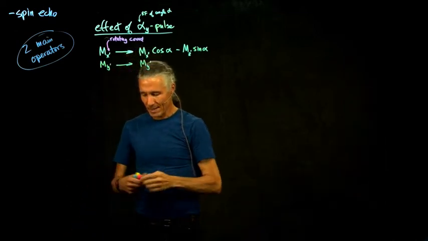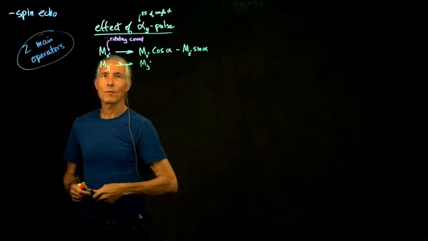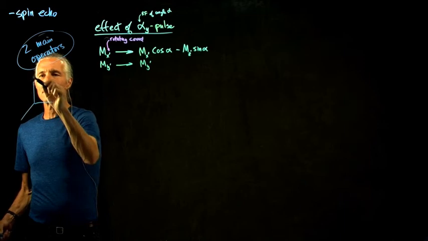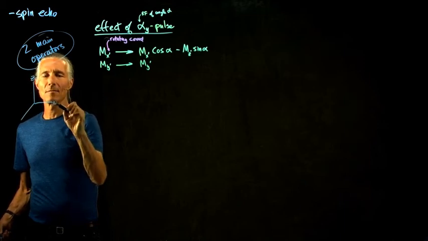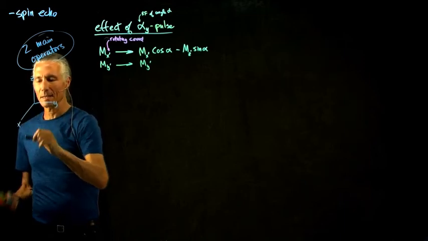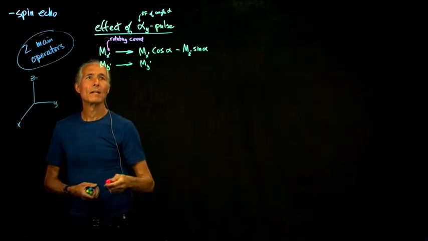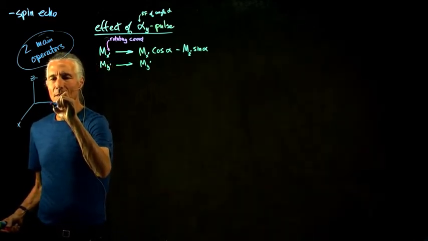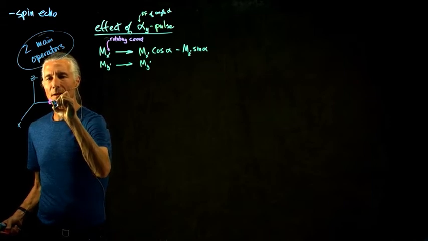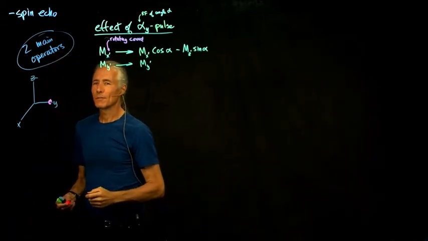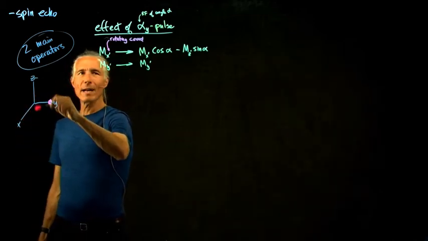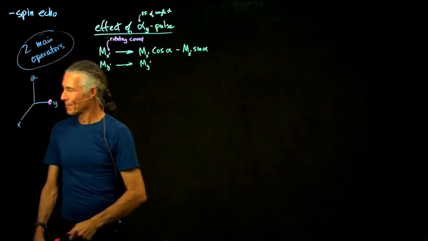Let's see what we're doing. Here's the z-axis, the y-axis and the x-axis. We're flipping something around the y-axis, so it's going around that way. If we flip it around the y-axis, then we don't mess with the y.